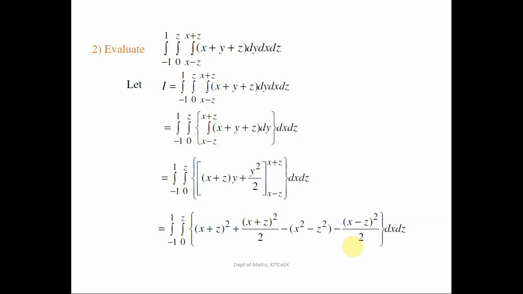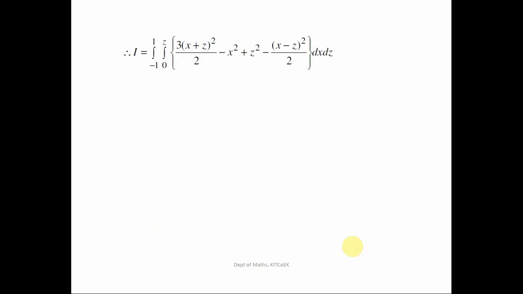So that our next step is here now. Integration minus 1 to 1, 0 to z, and the simplification of inside bracket terms is given here. Now in this double integral, we will see that the limits of the inner integral are functions of z.